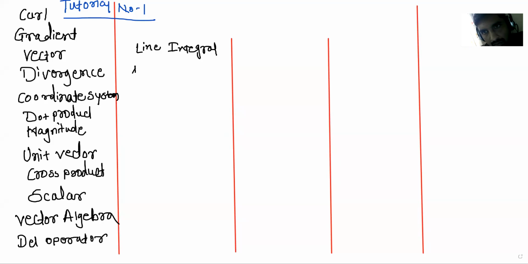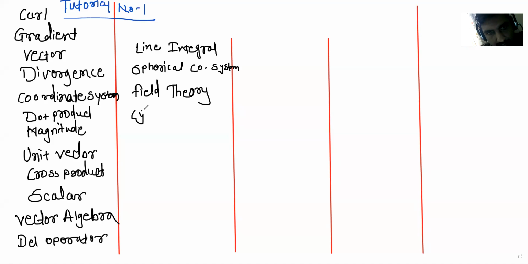Spherical coordinate system, okay. Next. Field theory, okay. Great. Next. Cylindrical coordinate system, great. Next.